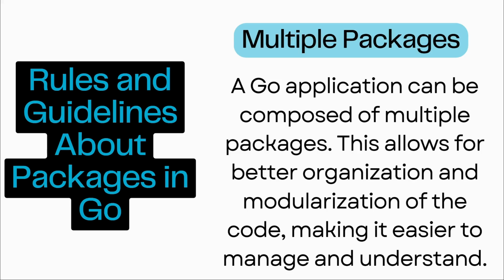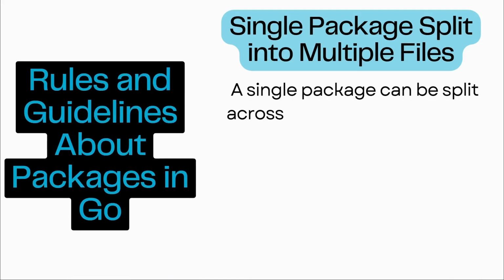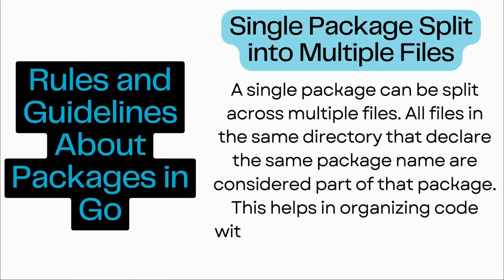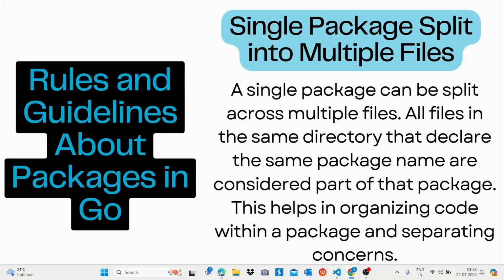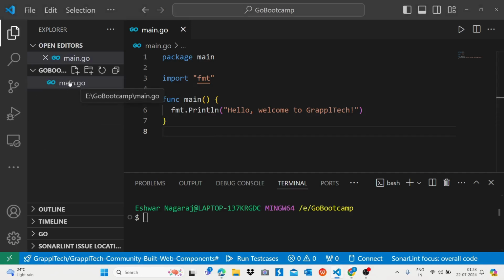And what is the first rule? You should have at least one package, that is the main package. And we have the third rule, telling that a single package can be split into multiple files. Here main.go belongs to package main. You can have other files as well which belong to the main package itself.